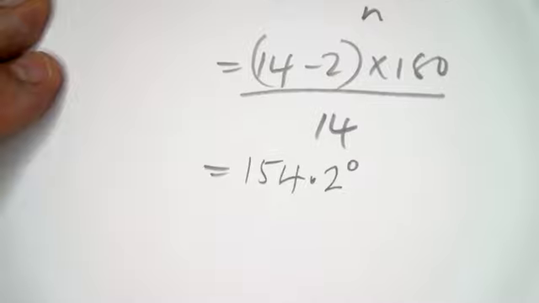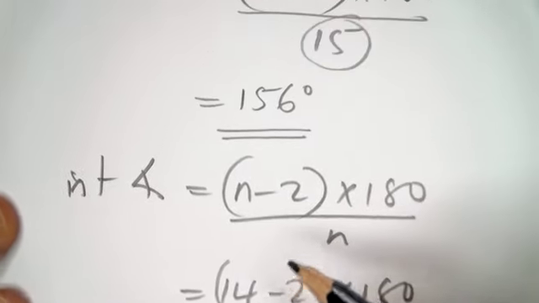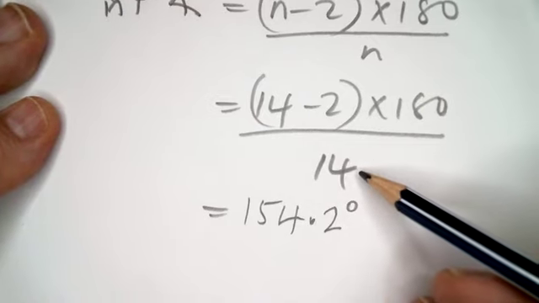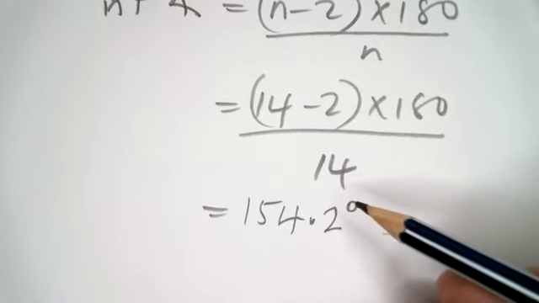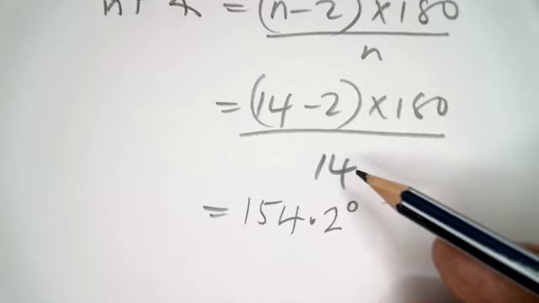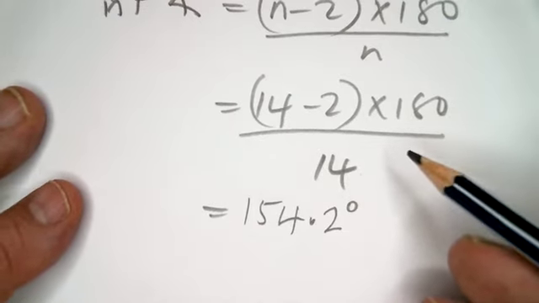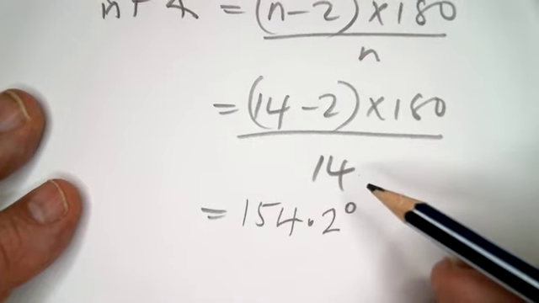So it's going to be in between 15 sides and 14 sides. So straight away we know the answer can't be an integer number of sides in between 14 and 15.